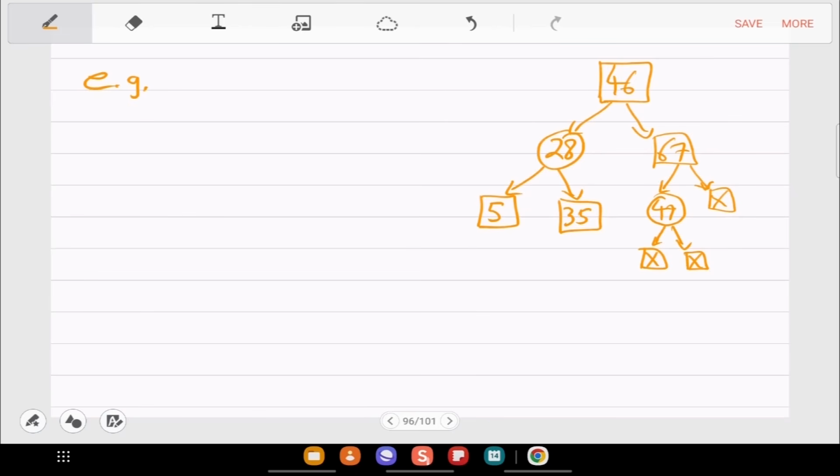No, in the axiom we did not say anything else. Yeah, from root to leaf. No, look at a path from root to leaf, count the number of black nodes. So here 46, 67 and the leaf, so 3.